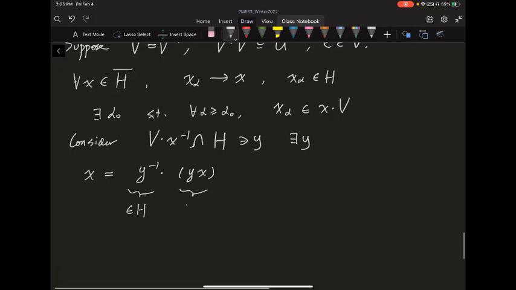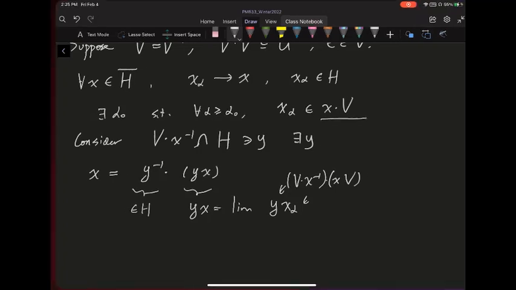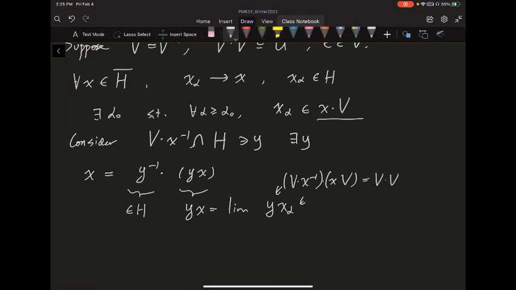I have y times x, which is the limit of y times x alpha, because x alpha is converging to x. Now y is inside V times x inverse, and when alpha is large enough, x alpha is inside x times V. If you multiply these two things, the x cancels, so this is V times V, which is contained in U. Not only is it inside U, it's also inside U intersect H.